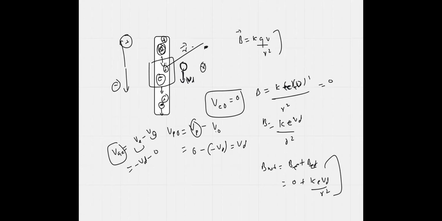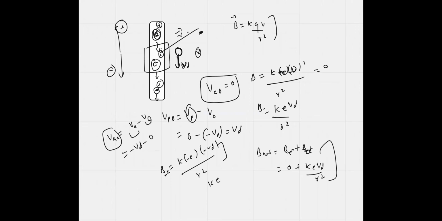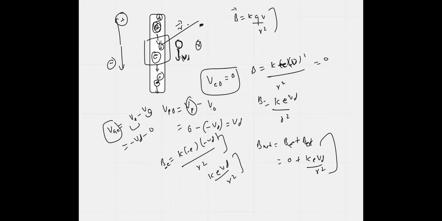So for him, B is equal to the electron K minus e, with the velocity downwards. At the end of the day, he also gets the same result, completely the same. And what about the velocity due to the proton?